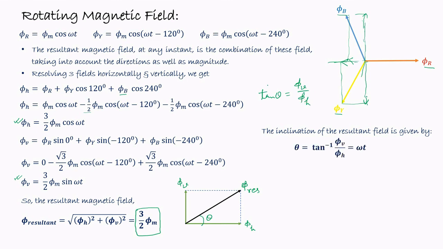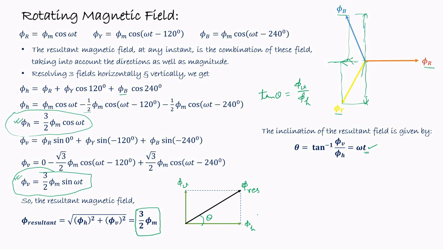Therefore, theta can be written as tan inverse phi v upon phi h, where phi v is equal to 3 by 2 of phi max sin omega t, and similarly phi h is equal to 3 by 2 of phi max cos omega t. So if we put the values of phi v and phi h, finally we'll get the value of theta as omega t. That means the position of the resultant flux with respect to the reference line depends upon the time.